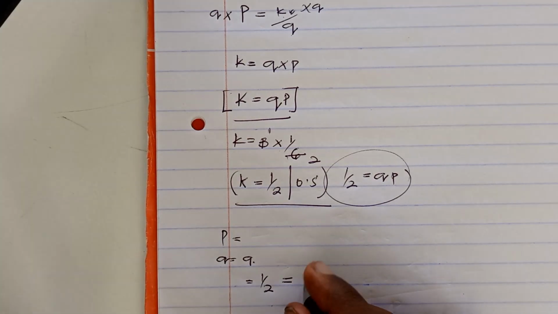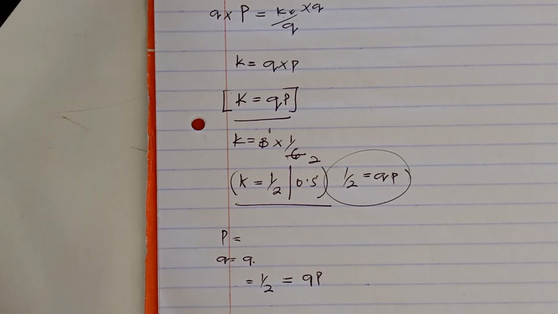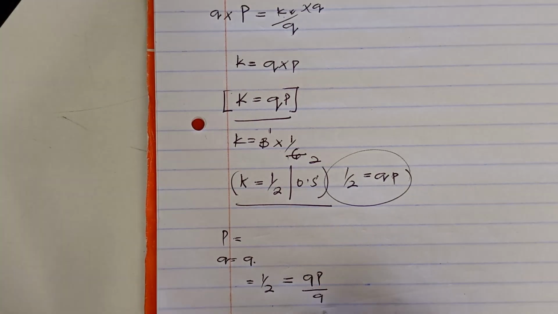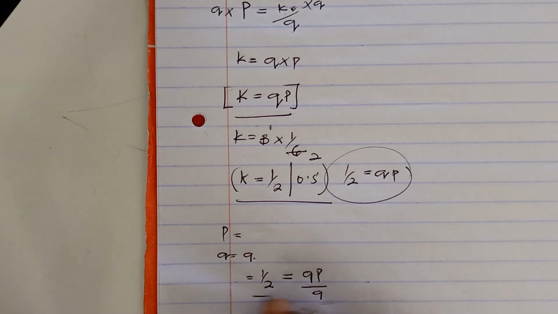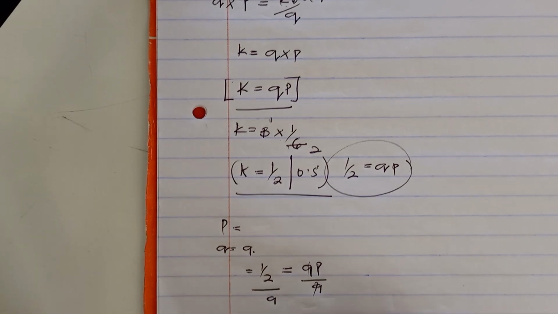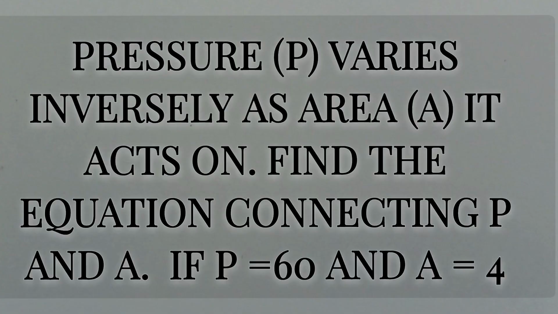We are told Q is equals to 9, but we are lacking the value of P. In order for us to get the value of P, we divide by 9 on this side and by 9 on the other side. So in this case, we're going to find that P is equals to 1 over 2 multiplied by 1 over 9. So P is equals to 1 over 18. And that's how we go about that.